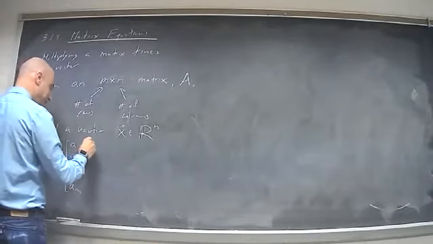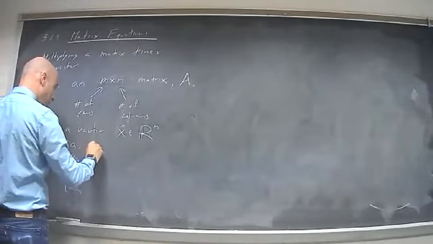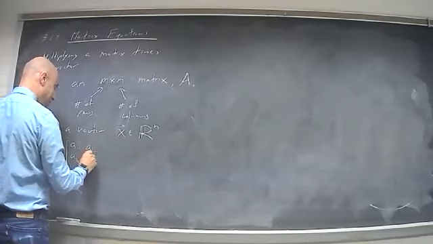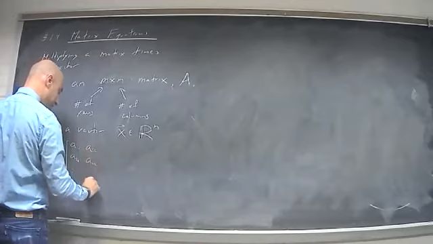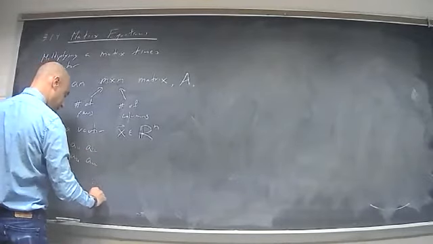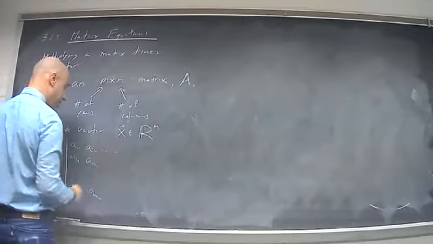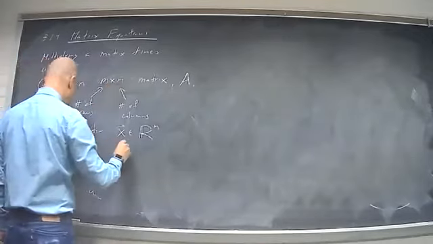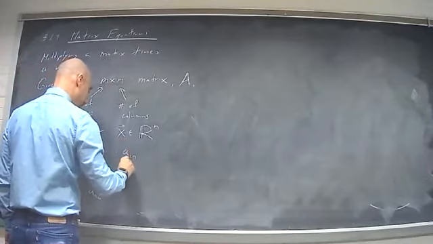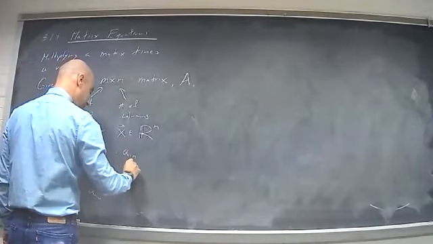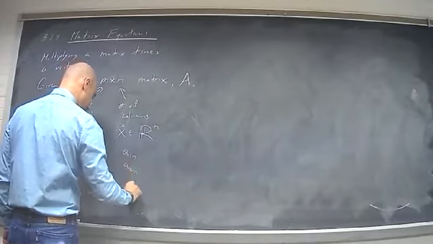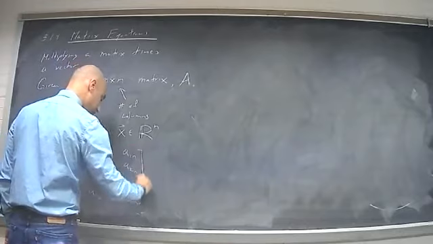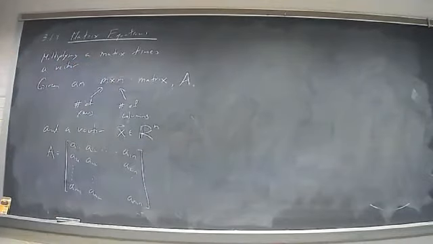So right next to this, I'll have A 1, 2, first row, second column, and right below that, A 2, 2, all the way down to A m2. And I'll continue all the way over to my last column. Since I have exactly n columns, this will be A1n, A2n, all the way down to Amn.